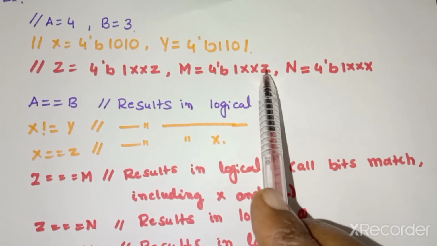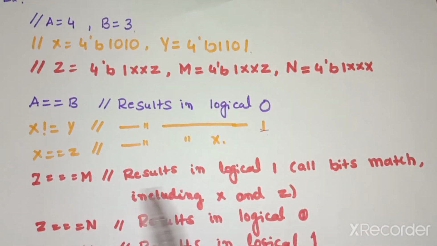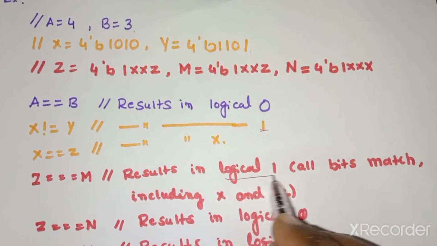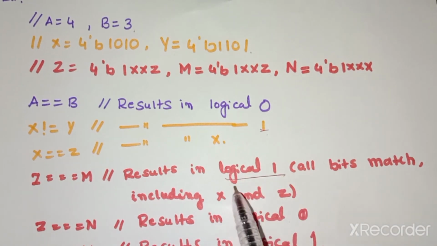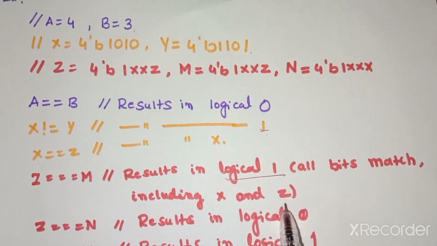Z, same. That means this is a true condition. True means it is going to display the logical 1. Why is it logical 1? All bits match including x and z.